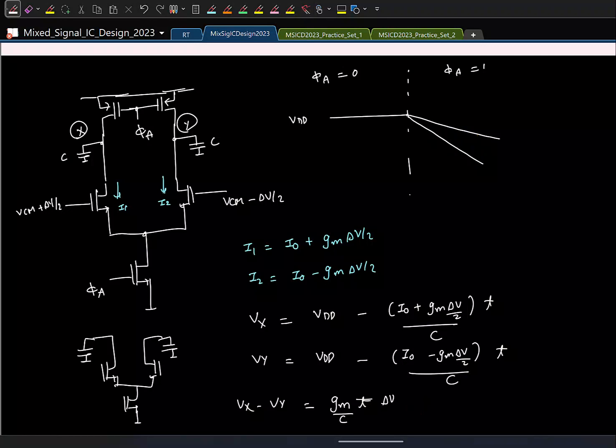So let us say this is the end of the amplification phase. Let us say this is some T0. This is the final output difference we get. So what is the final output I will have? GM by C times T0 times delta V. And what is the final gain I have? This is the gain, right?